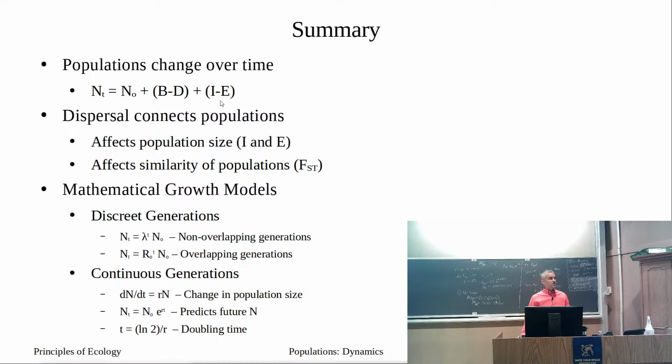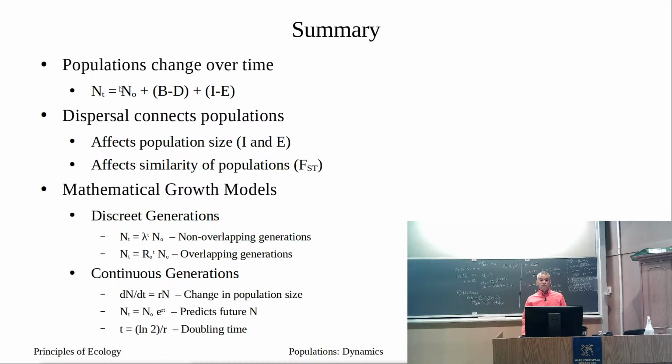Death and emigration remove individuals from our population. And our population size in the next generation depends on these four processes, but also depends on what our current population size is. Our population size today helps us make predictions about population size tomorrow.